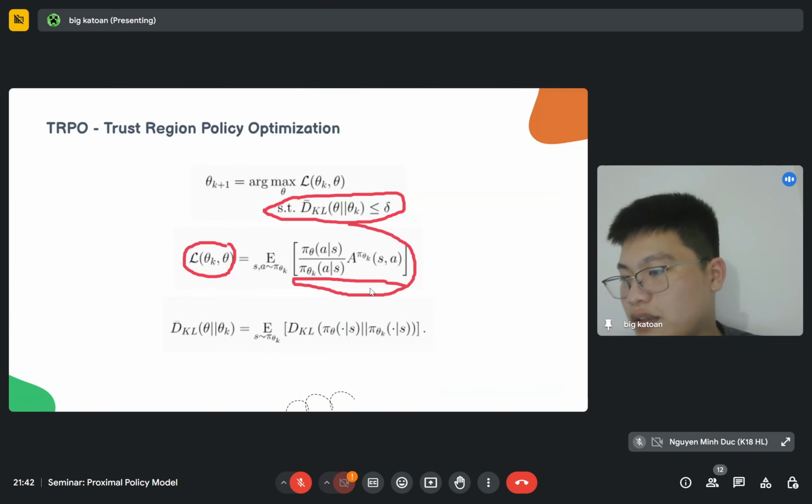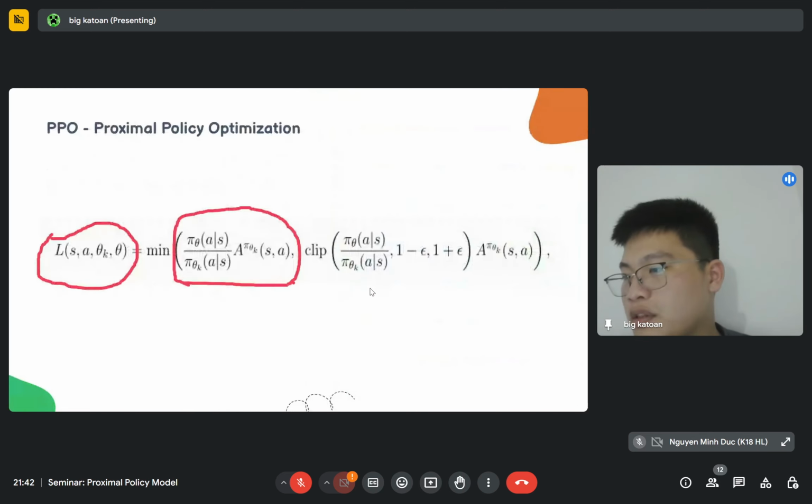This one, and try to clip it into 1 minus epsilon and 1 plus epsilon.